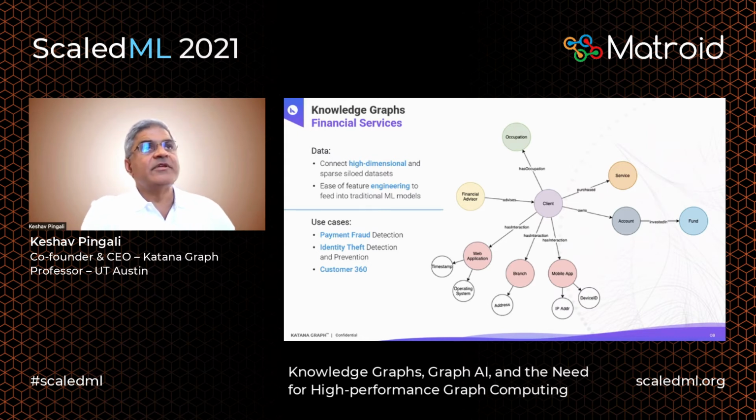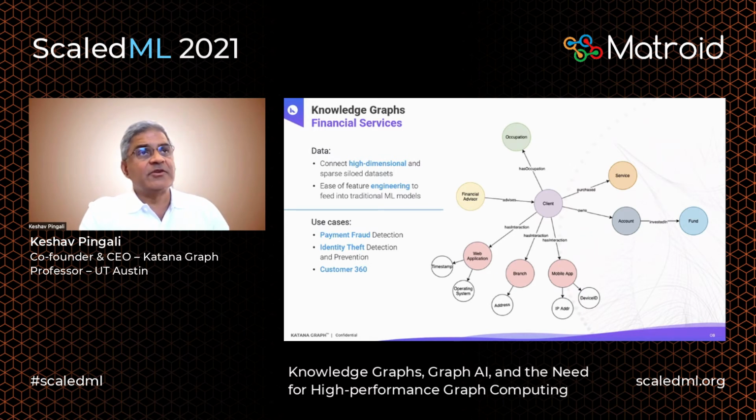So you take all of this information, all of this data about the customer, and then you can represent it very compactly and very nicely in this graphical form, a heterogeneous graph with property data on the nodes and edges. And then you can do things like payment fraud detection, identity theft detection, customer 360.